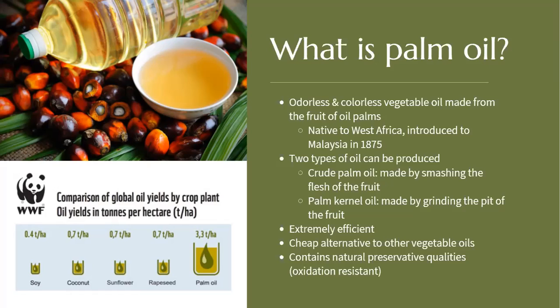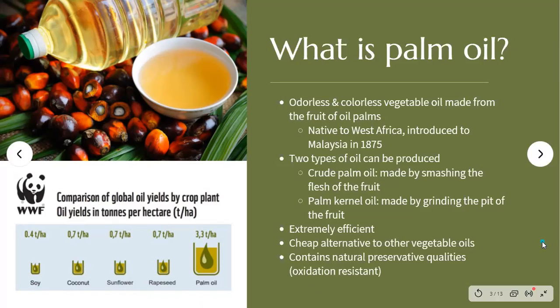Pretty self-explanatory. Palm oil definitely has its downsides, but it also has some benefits. It's an extremely efficient plant. It produces an insane amount of oil per plant, and it fruits year round. In terms of how much land it takes up, it is actually pretty efficient, especially compared, as you can see in the bottom left corner, to other vegetable oils.